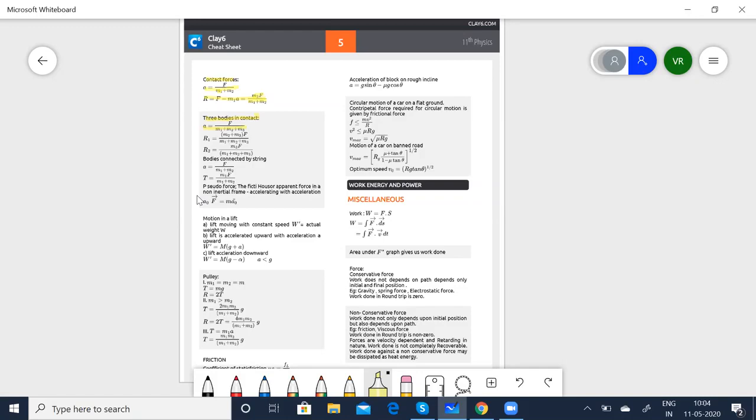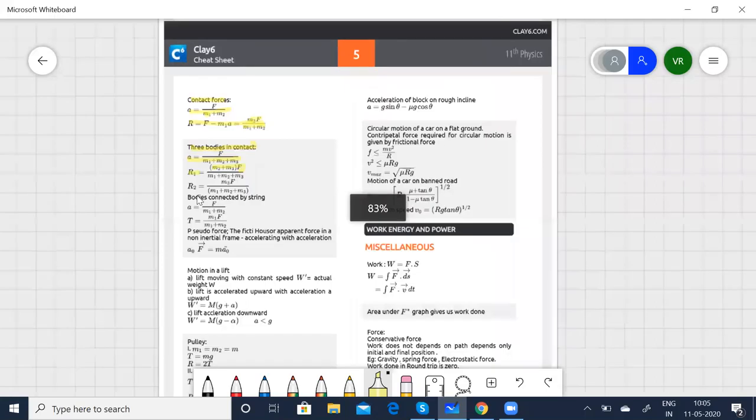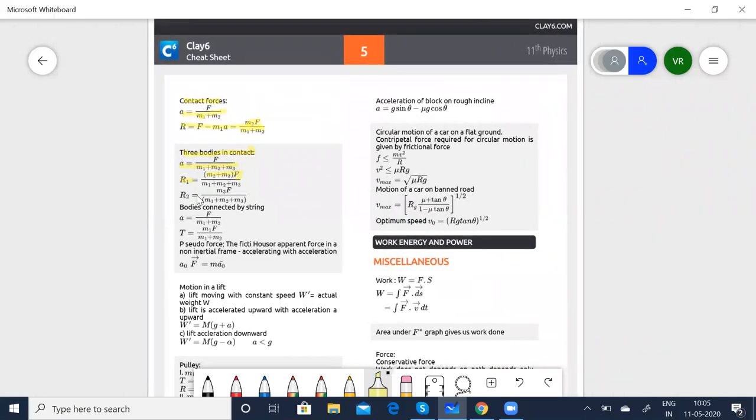And the reaction: now you have two reactions, R1 and R2. So R1 is (m2 plus m3) times F divided by (m1 plus m2 plus m3), and R2 is equal to m3F divided by (m1 plus m2 plus m3). Let me zoom it so that it will be clear.